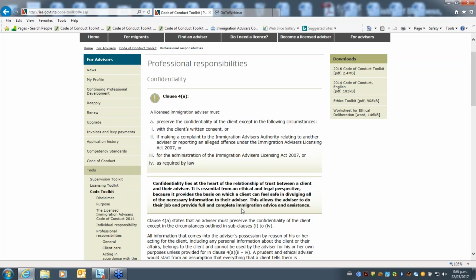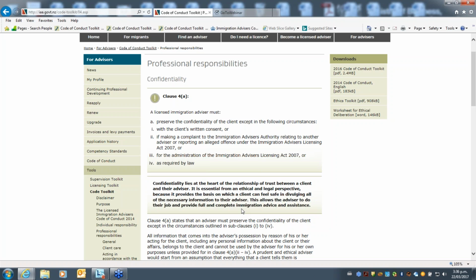There is an exception if you're making a complaint to the authority. If the client really doesn't want you to, but you feel such an obligation to do so because it's a compelling case, for example, then you are actually able to do that without the client's consent.